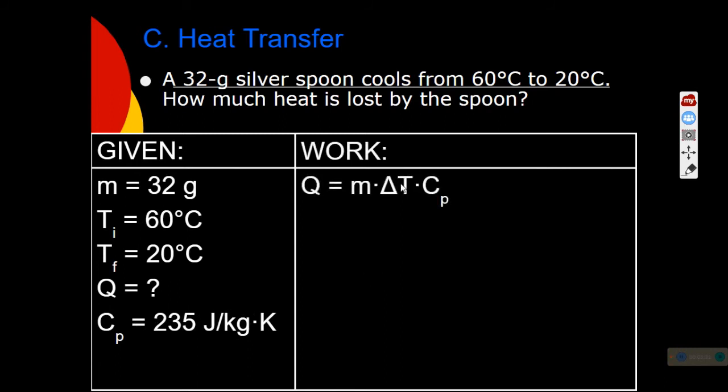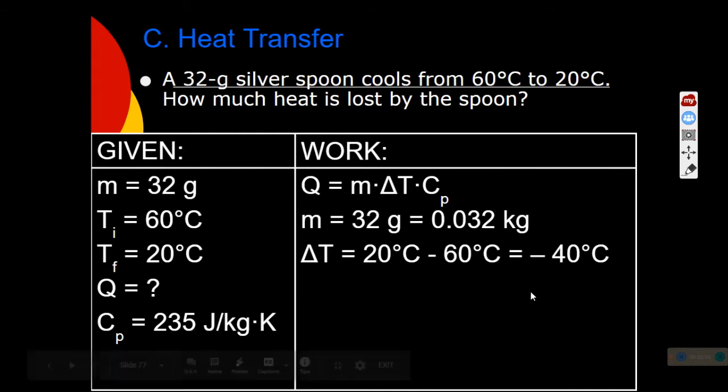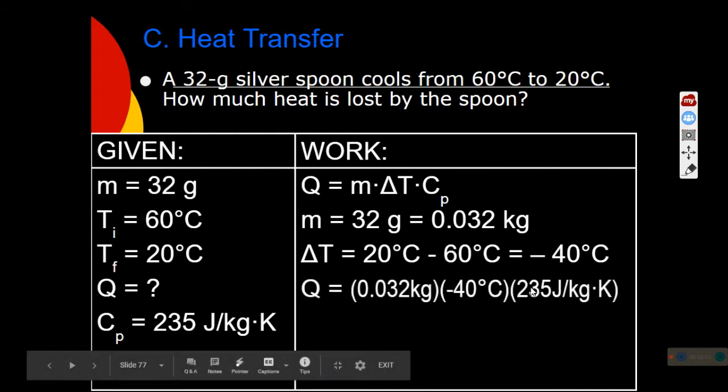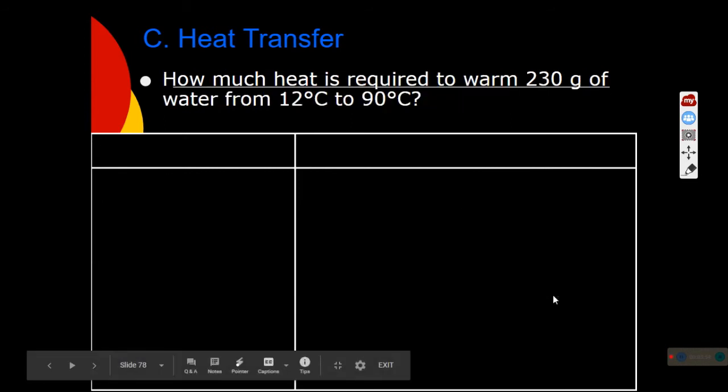So if we work it out, let's multiply them all together. Mass is 32, we have to convert to kilograms. Delta T, final temperature minus initial, was negative 40. So we have 0.032 times negative 40 times 235. And our heat would be negative 301 joules.